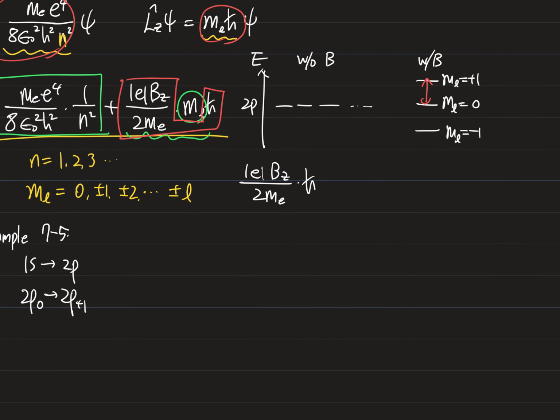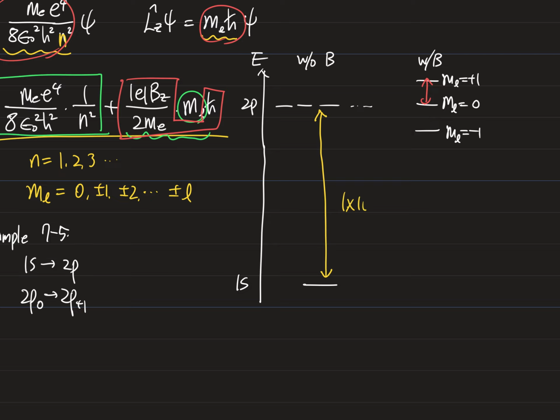So let's erase this part and extend the energy scale, and 1s might be somewhere here. We are not going to follow all the calculation procedure, but in a typical condition with 1 Tesla, the energy transition between the 1s and 2p orbital is about 10 to the minus 18 joule.